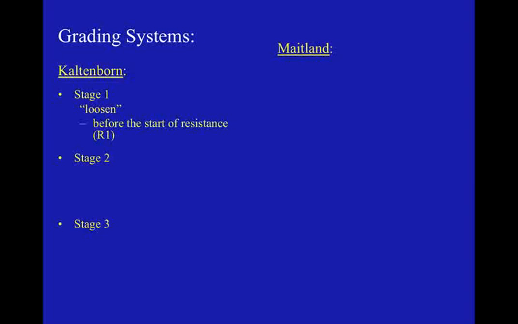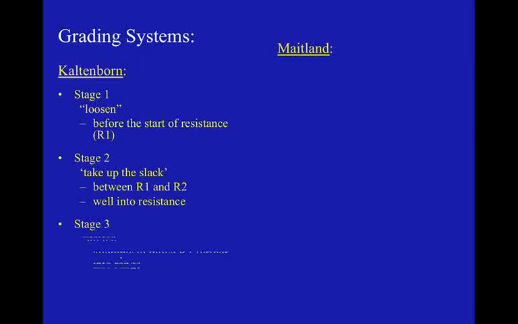You're just separating the joint surfaces before R1, so there's no resistance, and it really is just a gentle unloading of the joint surface. In stage 2, he suggests that we take up the slack, so you move between R1 and R2, so you're well into the resistance, but not right at the end of range. Stage 3 is a stretch which attempts to move R2 further into the range.